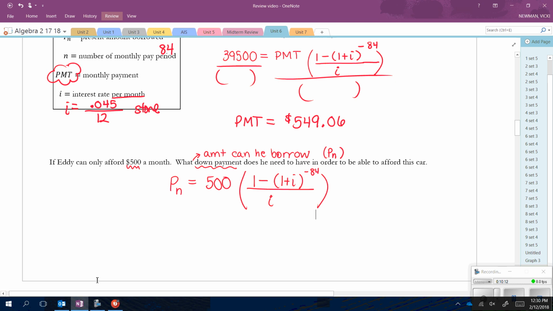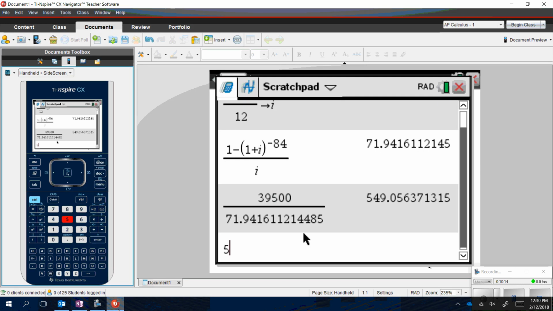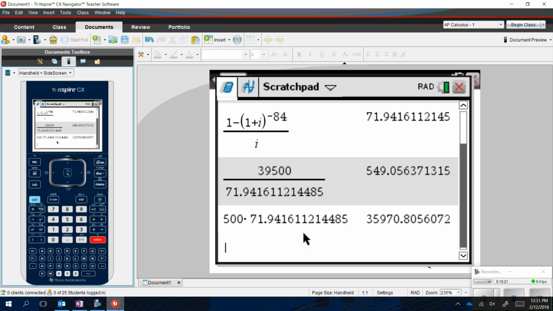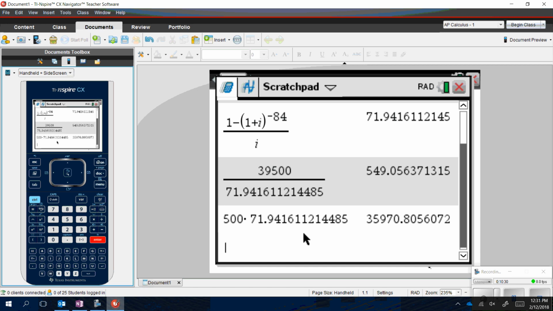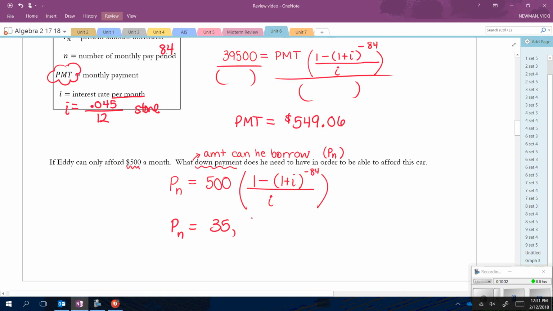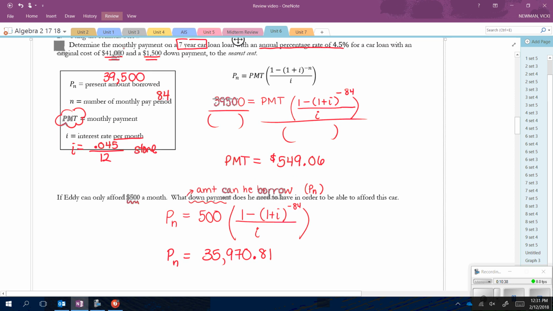Okay, so let's see what he can borrow. 500 times that number, $35,970.81. So he can borrow $35,970.81. Well, if that's all he can get a loan for on a $41,000 vehicle, he has to come up with the difference in cash.